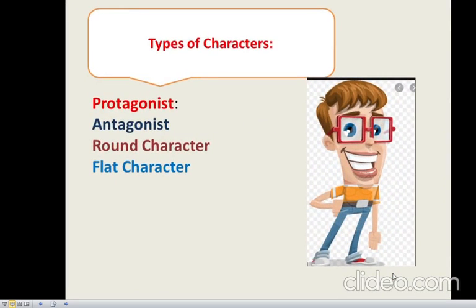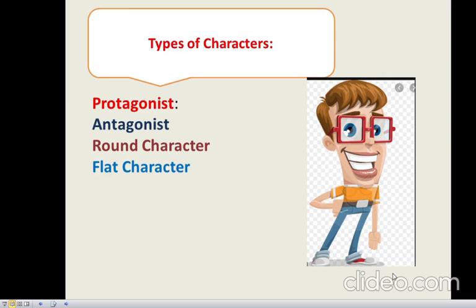Okay, we talk about character and characterization, which is one of the elements in the short story. But what are the types of characters? I think you know these types of characters. Let us make a kind of refreshment for you. We have protagonist and antagonist, round character, sometimes called dynamic character, and flat character, sometimes called static character.